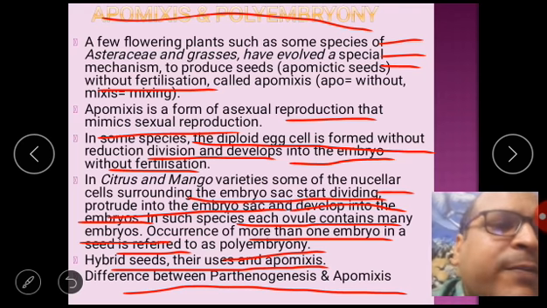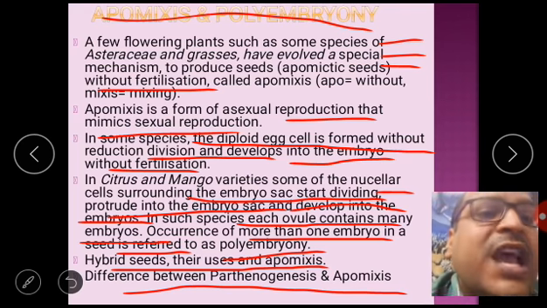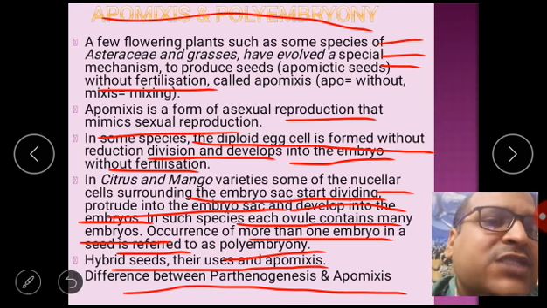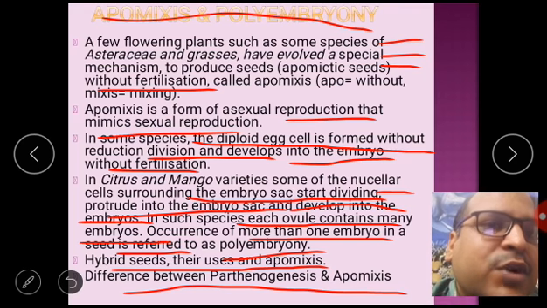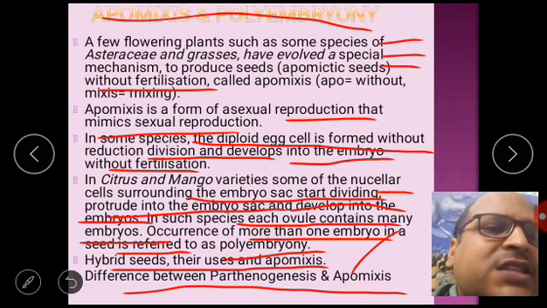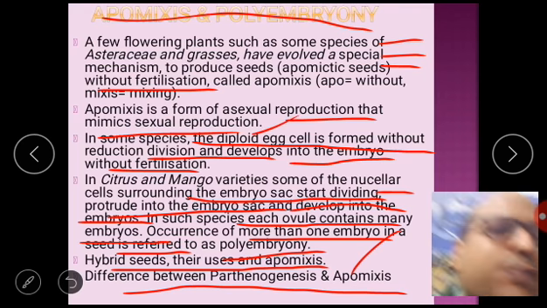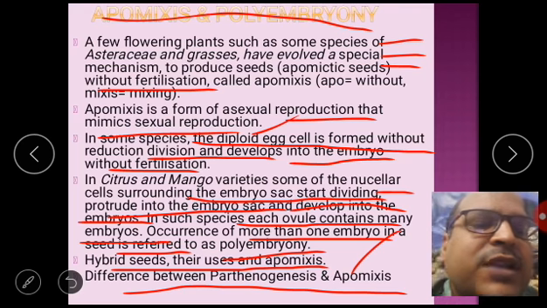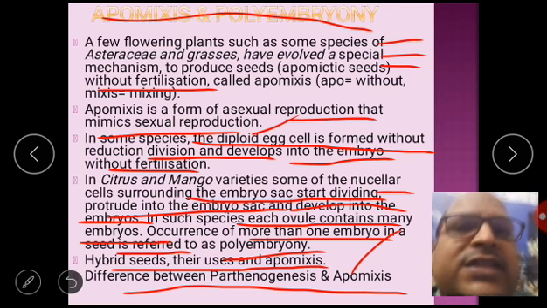So by parthenogenesis, haploid seeds will be produced. And in apomixis, diploid seeds will be produced, because here the egg is diploid. So this is the difference between these two things. Now I believe it is clear.